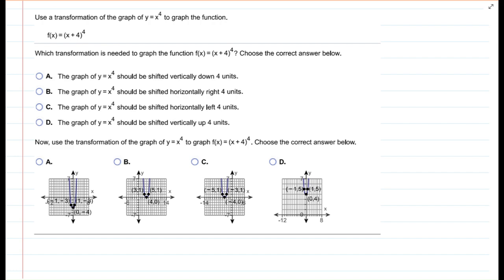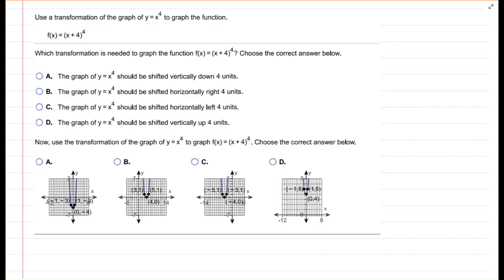Next problem. Use a transformation of the graph of y equals x to the power 4 to graph function f, which is (x plus 4) to power 4. What is the graph of x to power 4? We know that graphs of x to power even are pretty similar to x squared.